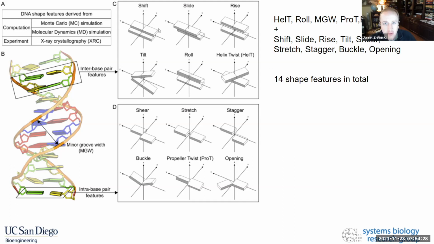These are the shape features: shift, slide, rise, all kinds of structural things, minor groove width, with inter-base pair features here and intra-base pair features here. All of this is calculated on a 5 base pair window, and the average is annotated in a base pair specific fashion within this Bitome.